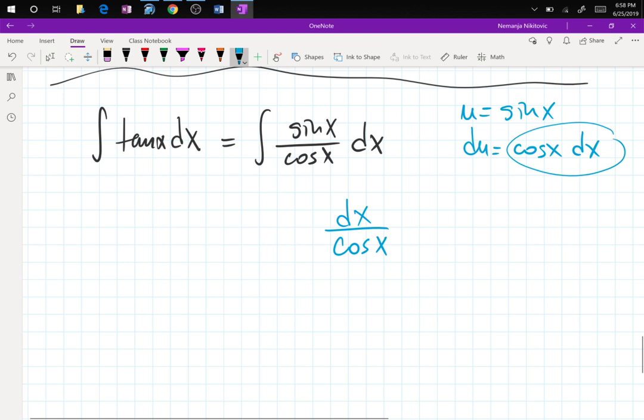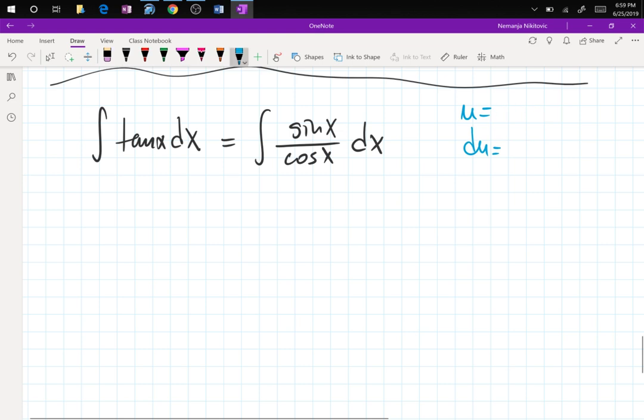When you have a fraction, most of the time the function is the one in the denominator. So the function should be the one in the denominator, and that way we're going to avoid the issue. So, negative sine x dx for the du. So what happens now?